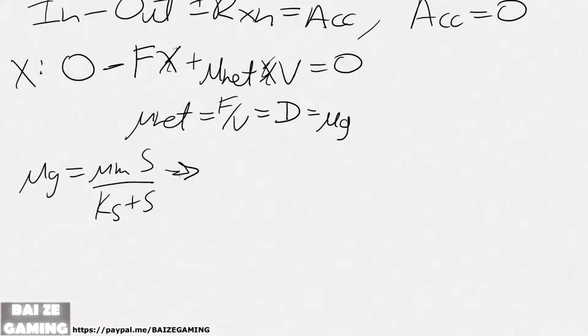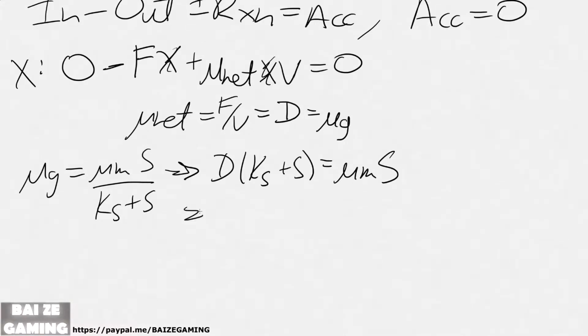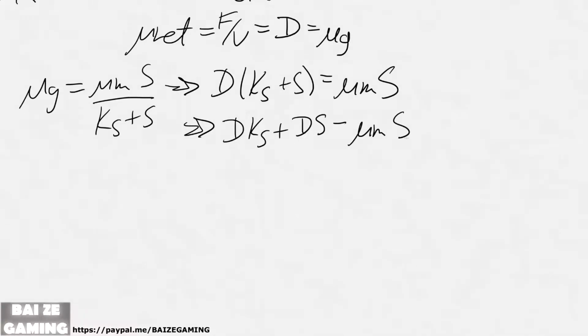And then what we can actually do is just rewrite this in terms of D. So substitute D into UG, and we need to isolate for S. Okay, good.